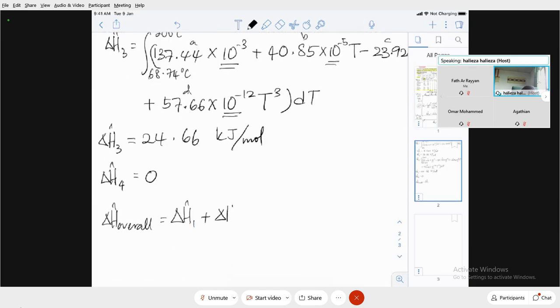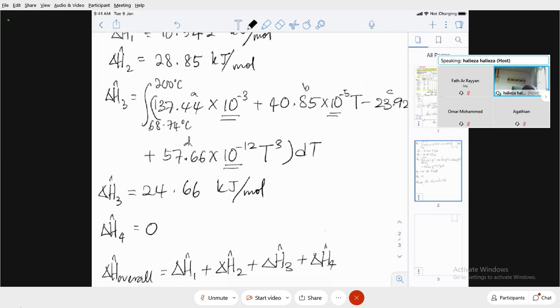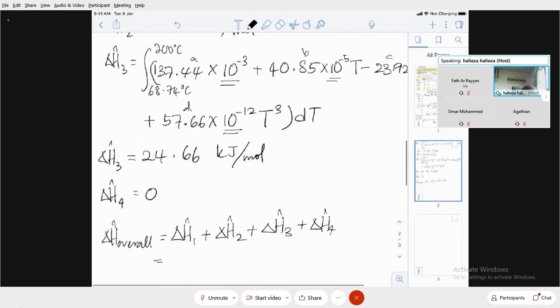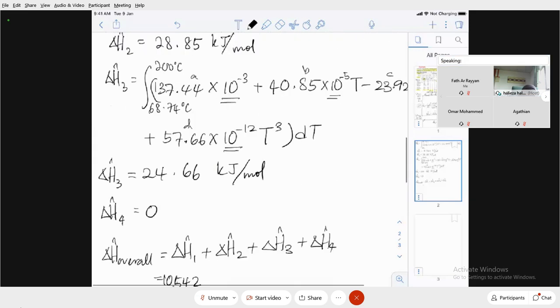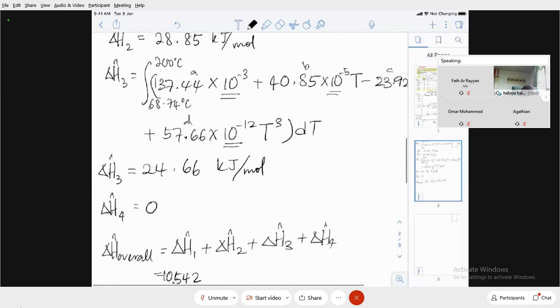Okay, let's finish this. We sum it up. Let's look at the answer. Delta H1 is 10.542. The second step 28.85. The third step 24.66.